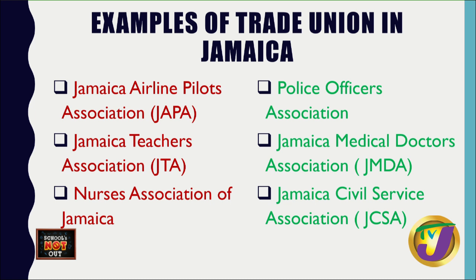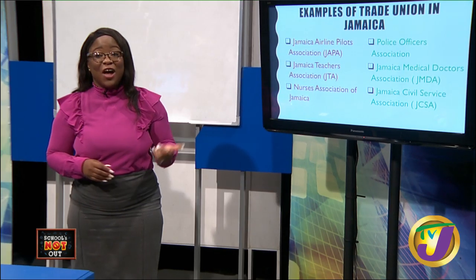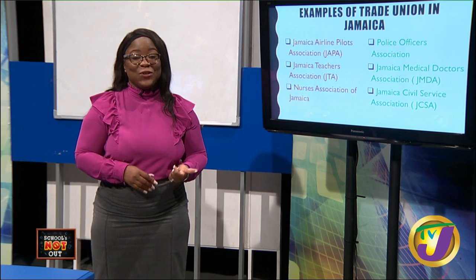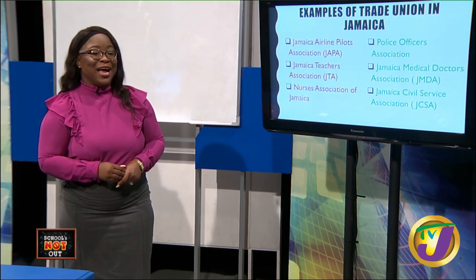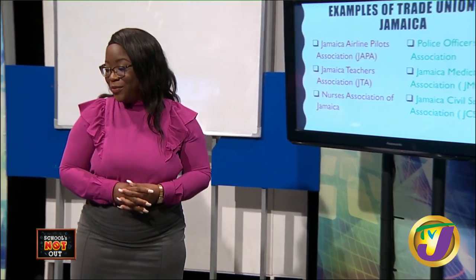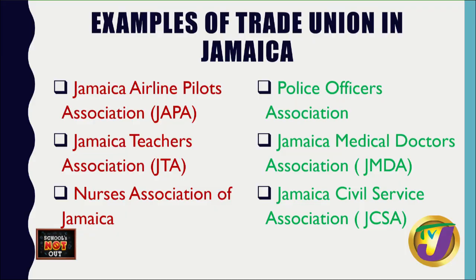And there are other trade unions in Jamaica as well, others that may not be on this list that you may be able to recall. So what are some other trade unions that you know exist in Jamaica that are not on this list? You can text in your answers through the social media handles that we mentioned earlier.